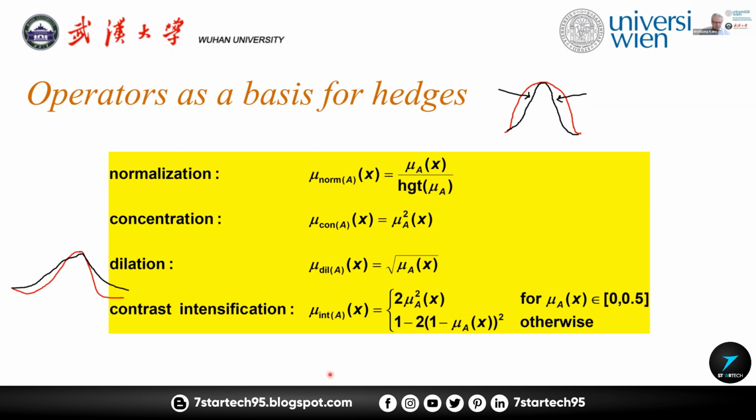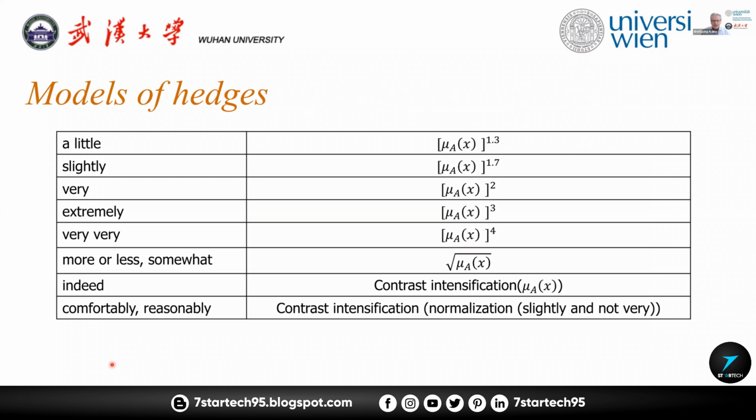Now, let's look at some common hedges, which are displayed on the next slide. So how can we represent things like you see in the left column, like a little, slightly, and so on?